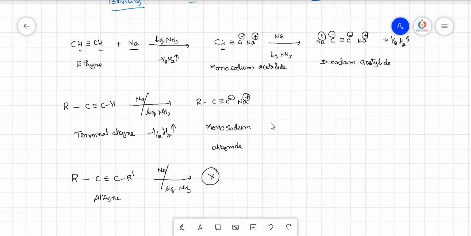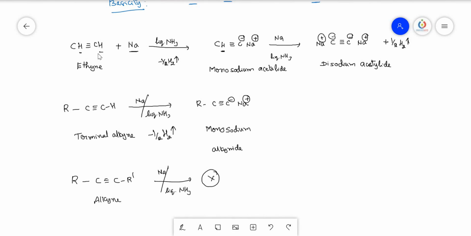Actually, this reaction is helpful in separating terminal alkynes from internal alkynes. Terminal alkynes react with sodium and liberate hydrogen gas, whereas internal alkynes do not react with sodium in the presence of liquid ammonia. So by this reaction we will be able to identify which is the terminal alkyne, meaning in which compound there is a triple bond CH, and which is the internal alkyne.